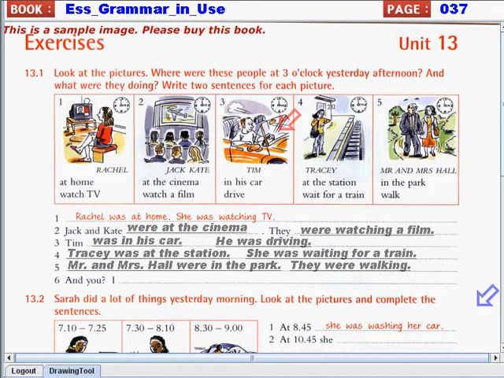And we have the last question here about you. Okay, so what about you? What were you doing yesterday afternoon at 3 o'clock, and where were you? Okay, of course you have to answer that question. As for me, yesterday afternoon at 3 o'clock, I was in the office.